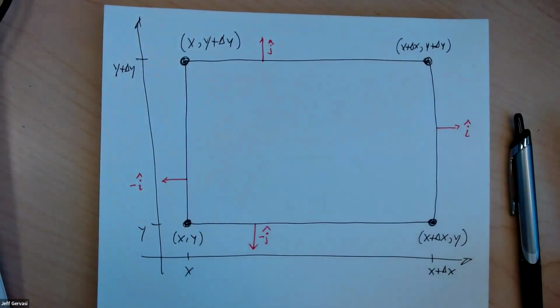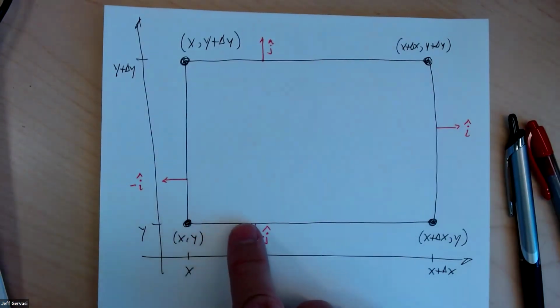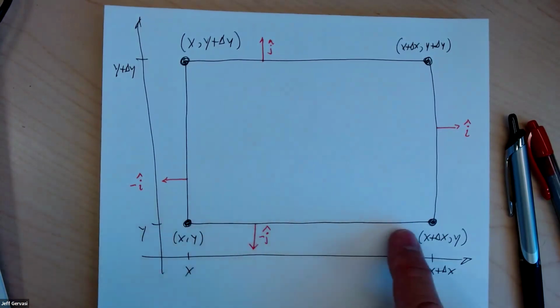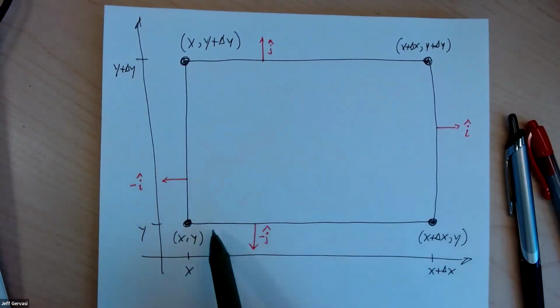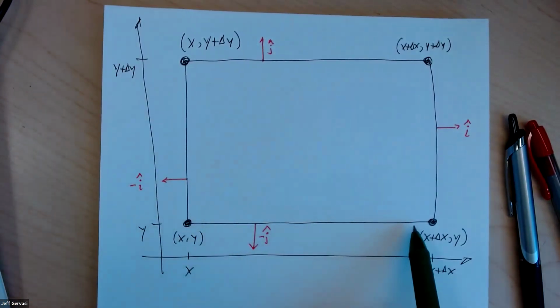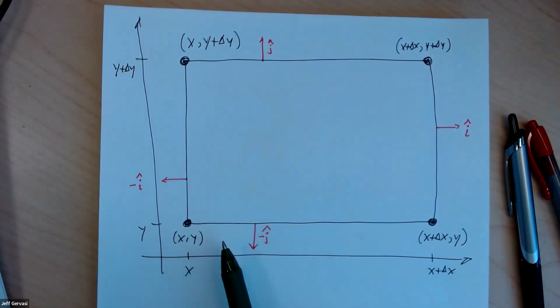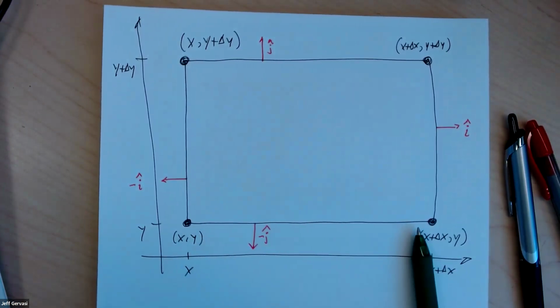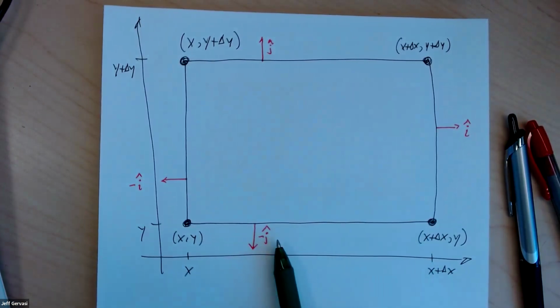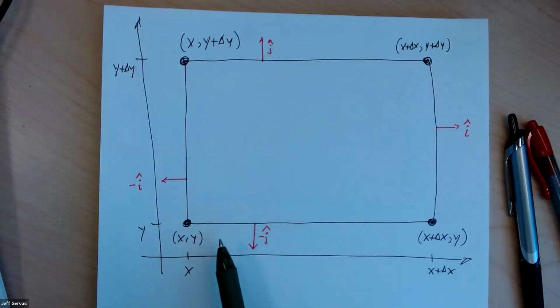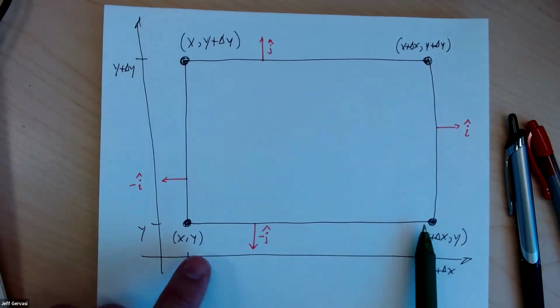Let's make notes to ourselves that along this horizontal line, the bottom of the rectangle, remember, gang, this line segment is so small that the force varies very little over it. In fact, the force is approximately the same at every single point within the line segment, including the ends.